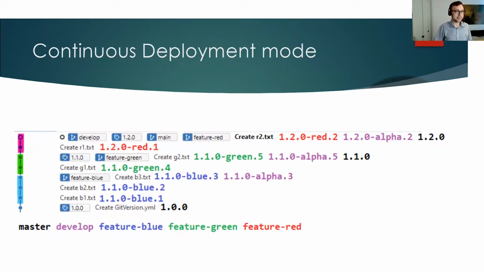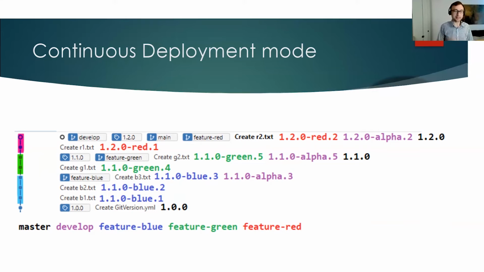Let's now have a look at a bit more complicated example using the continuous deployment mode. The biggest difference here is that we have a develop branch that we use to merge our features before they go to master. And the merge to master happens only at the time of releasing to, let's call it, production, right?